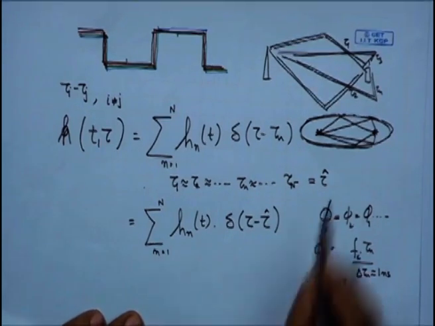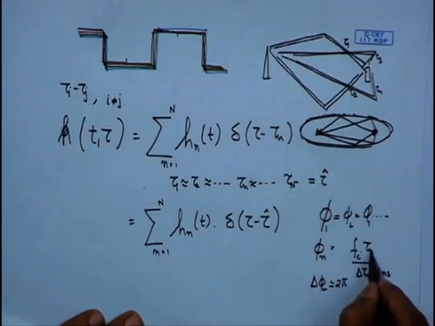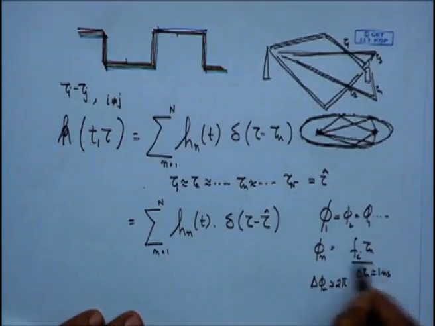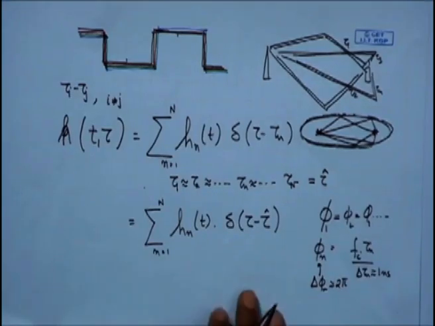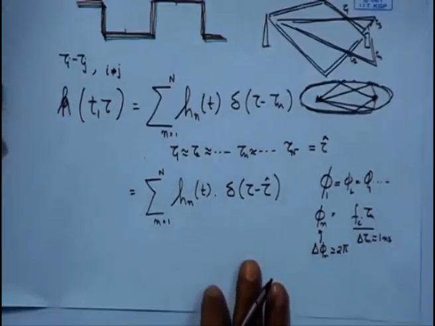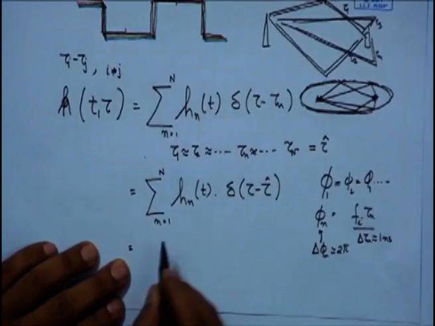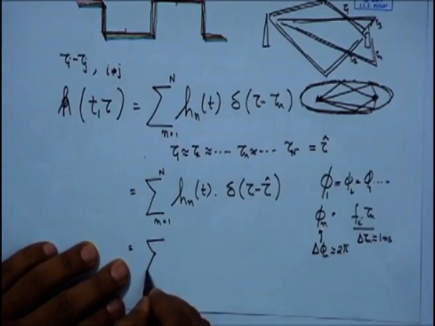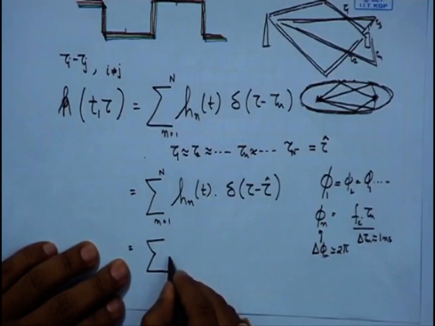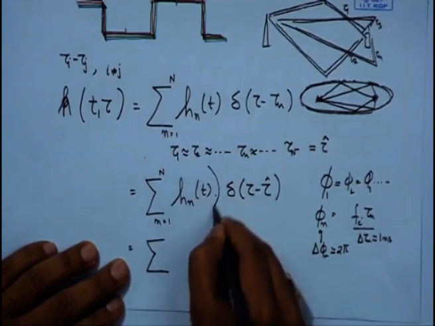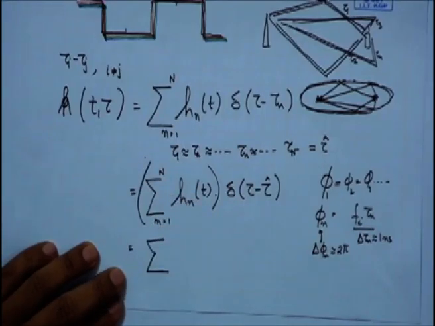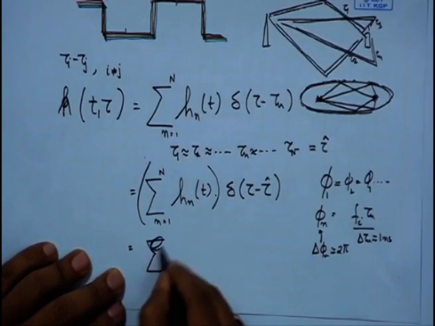So, we make the assumption that although they are very close, that means these tau n's are not separable, but phi n's are still quite different. That is a very, very strong assumption that we make. So, with this what we have is this tau cap is common for all. So, therefore, we could add up everything and we need not have the summation sign anymore.